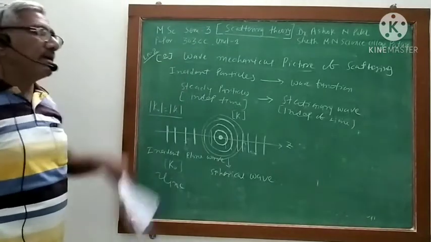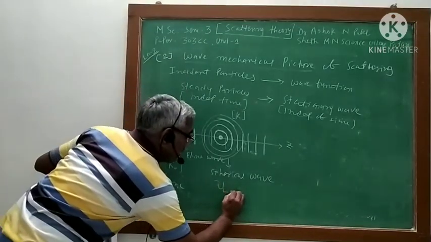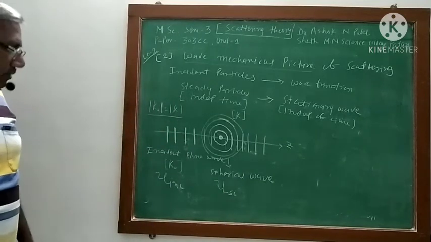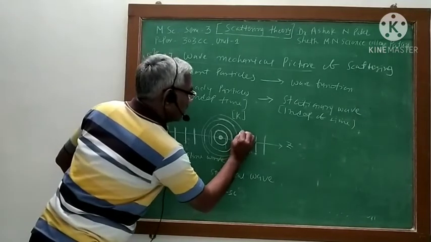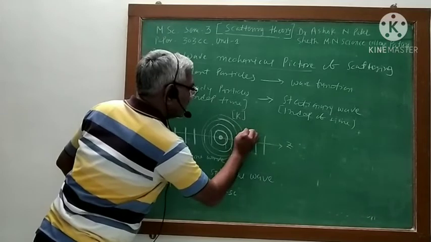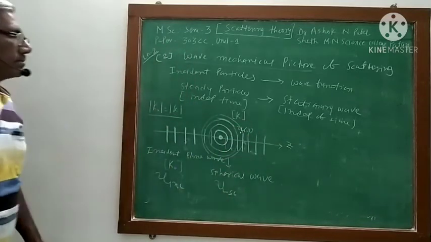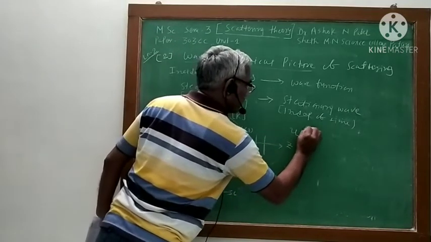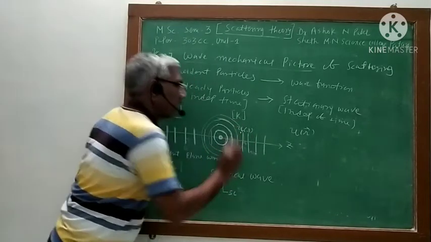When it is scattered in a spherical wave shape, I represent the wave function as u scattered. That is the scattered wave function. Okay. Now, if I want, at this point r, suppose, what is the wave function u(r)? What is the wave function u(r)? It means the wave function at a point r.